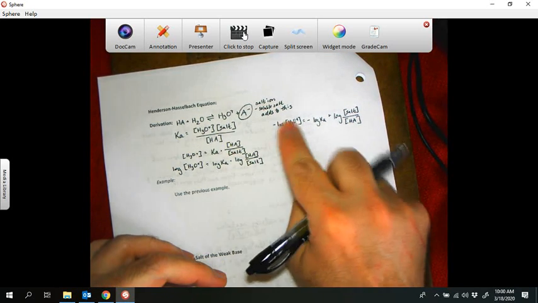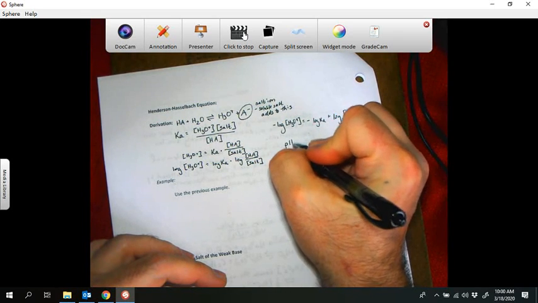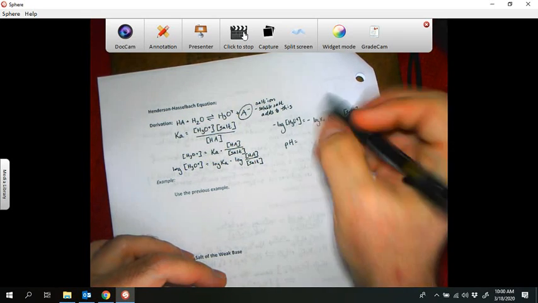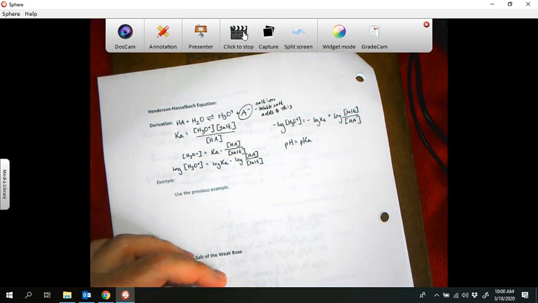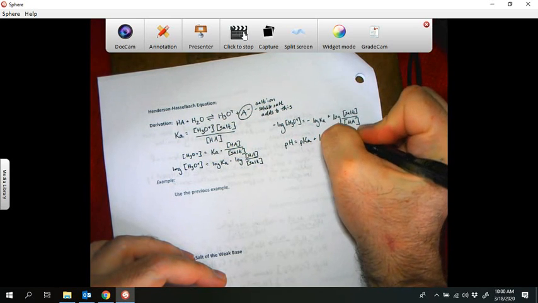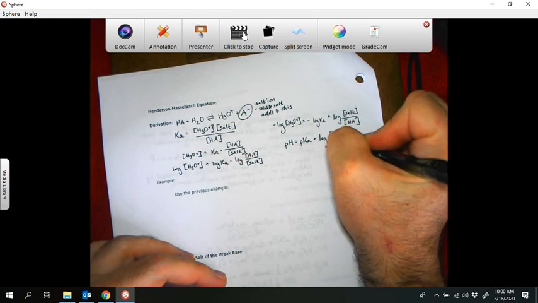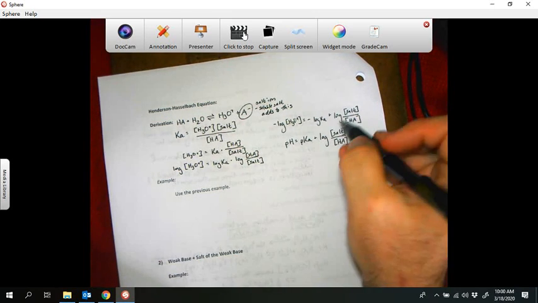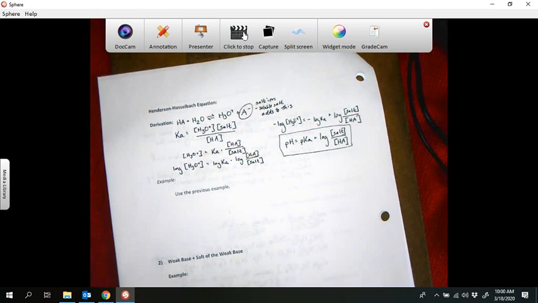Negative log of H3O+, that should look familiar. That's pH. Negative log Ka, we've talked about this before. That's pKa. That's why we talked about it. Plus the log of the salt concentration over the concentration of HA. This is the equation that we can now use without having to go through an ice chart.